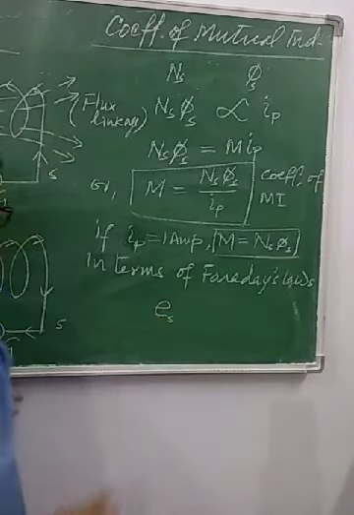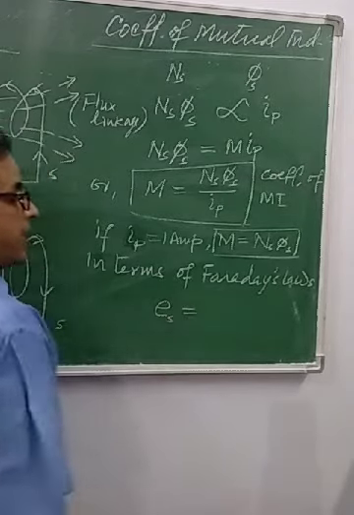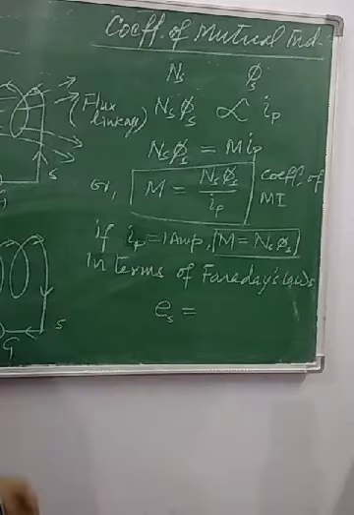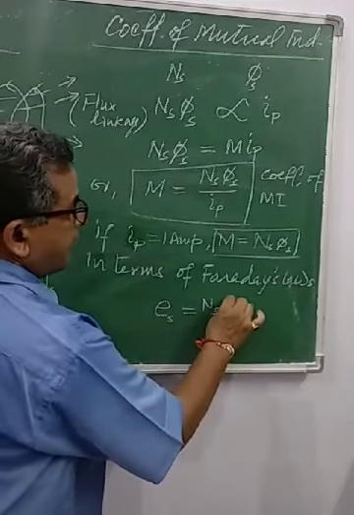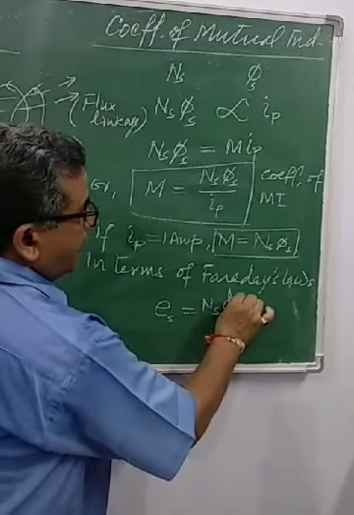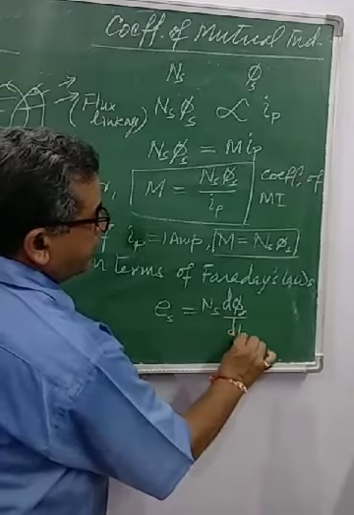So here we have the secondary coil, the induced EMF developed is E_S, and it is equal to minus the number of turns times delta phi upon delta t.